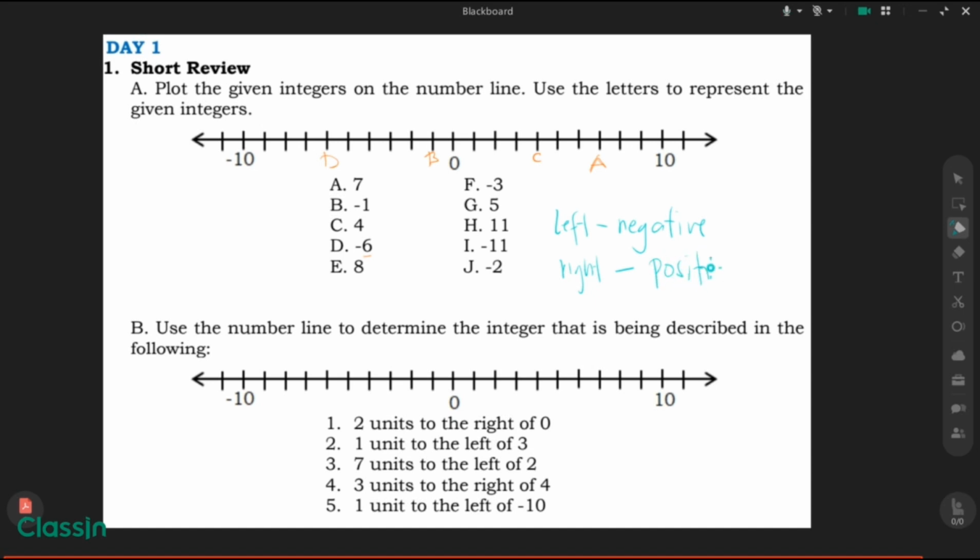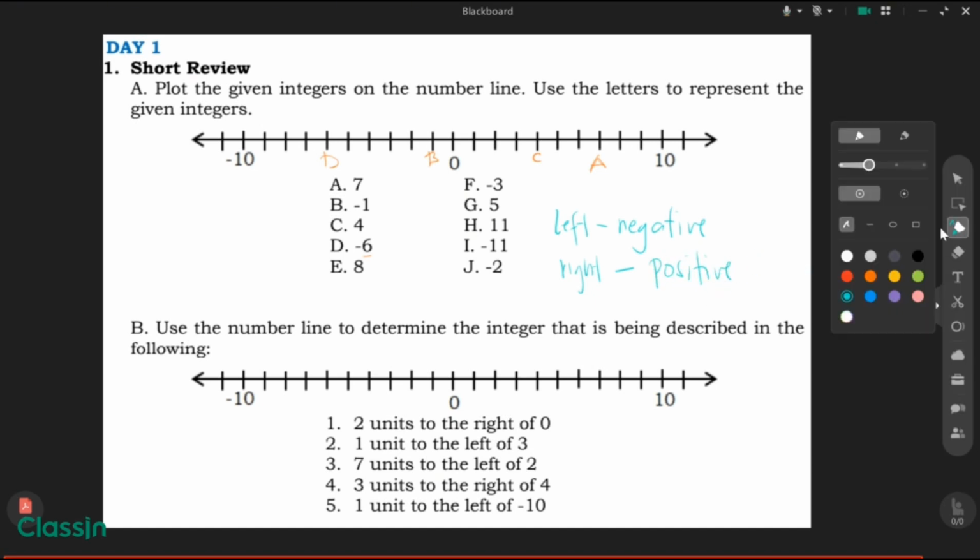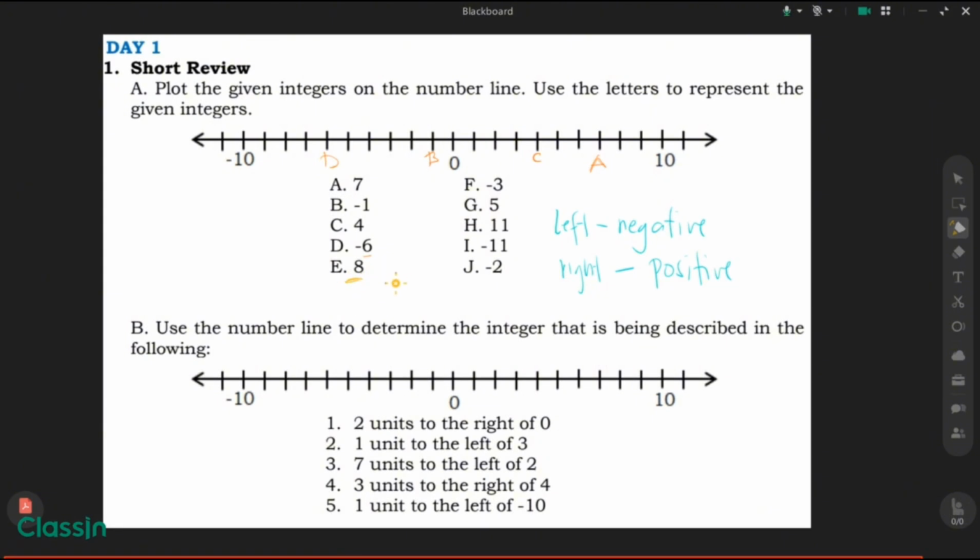Don't worry, it's just a review. Now let's move on with letter E. What about 8? Since this is positive, we are going to move to the right for 8 units. So 1, 2, 3, 4, 5, 6, 7, 8. So E will be here.